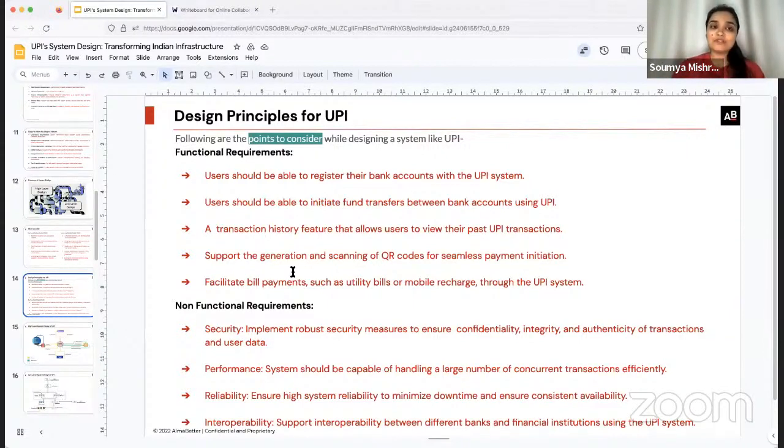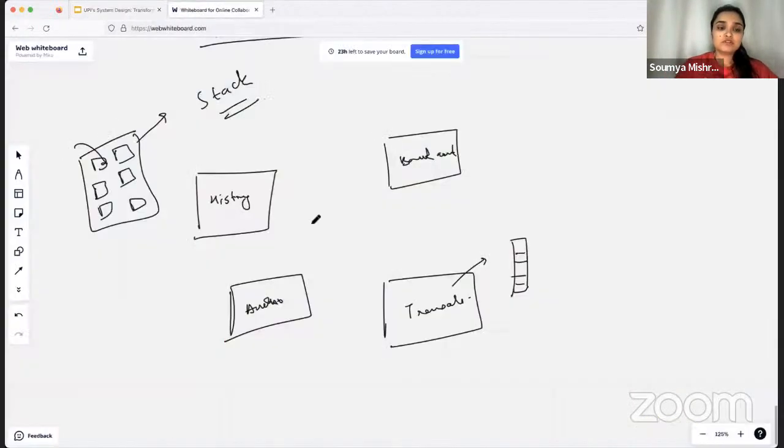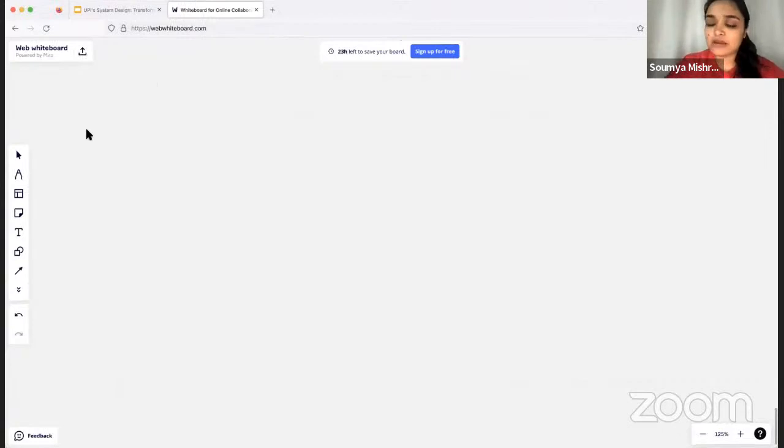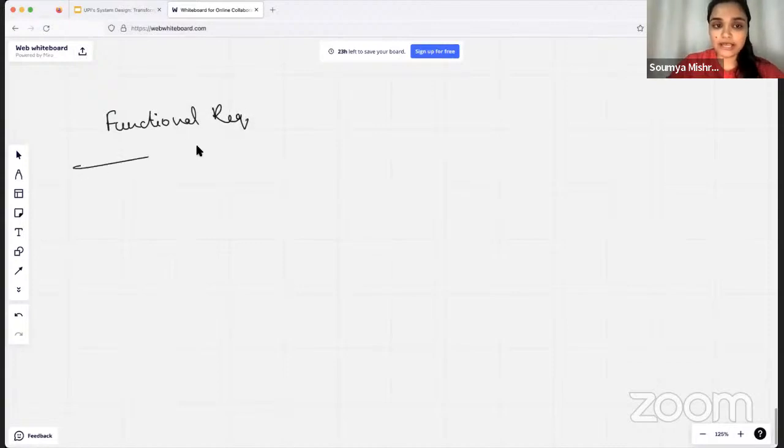So for example, when you call a baker and order a cake, you will say, okay, I need a 1 pound cake of strawberry flavor, and you have to write happy birthday on top of that. So in my functional requirement, what did I have?